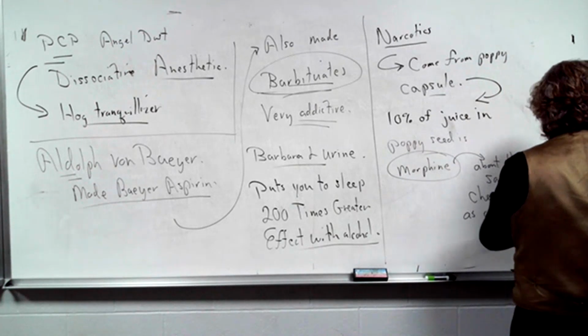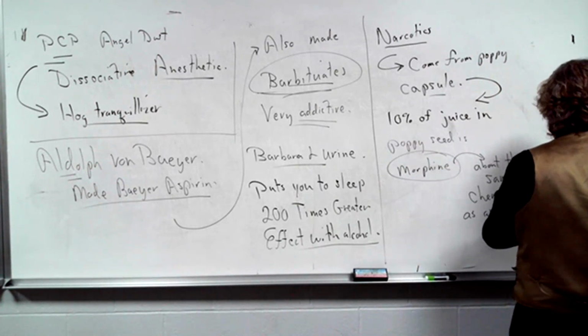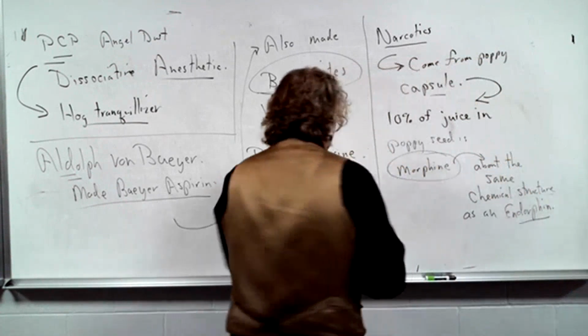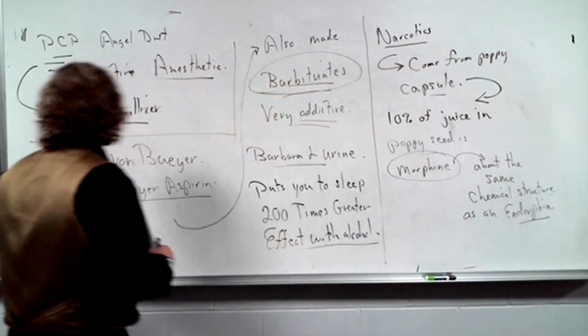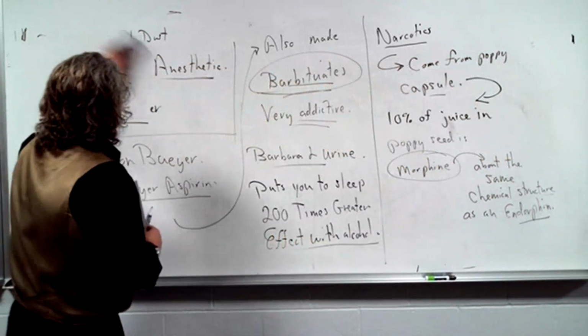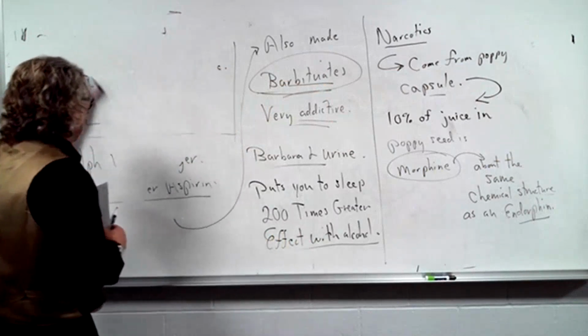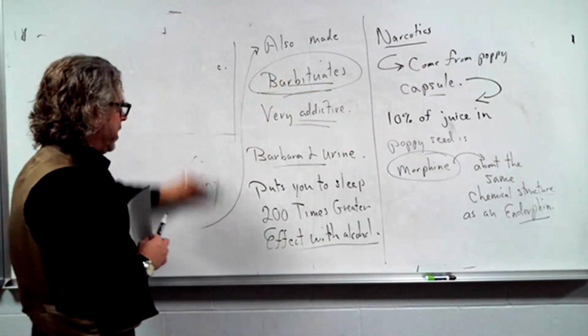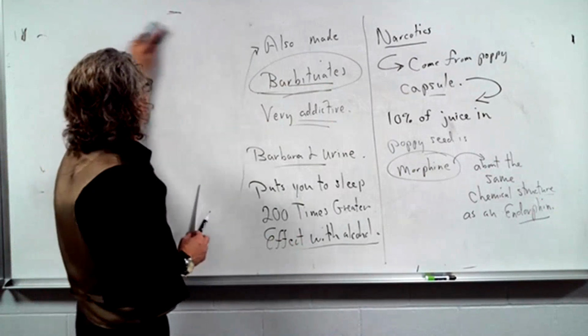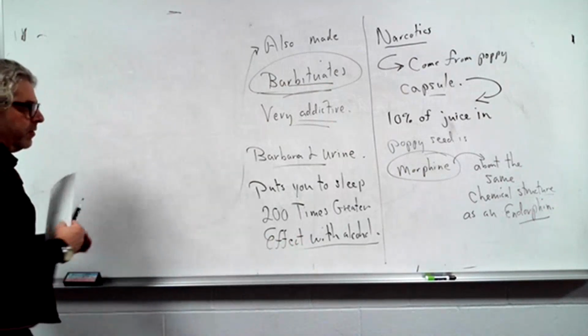Now it gets interesting. Not that it wasn't interesting before, because you have to remember what the endorphins were. The endorphins were natural to your body for deep pain. You're having deep pain, your body can release endorphins.